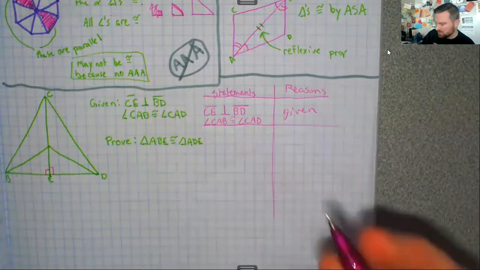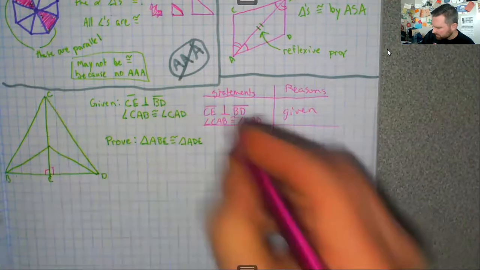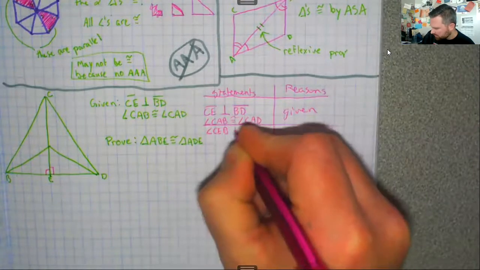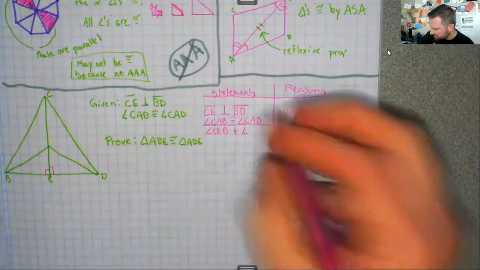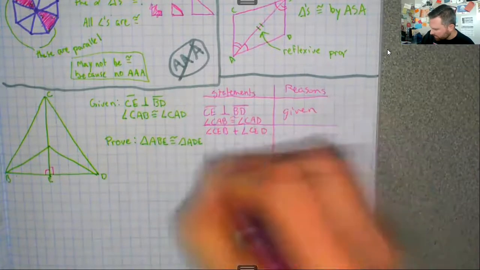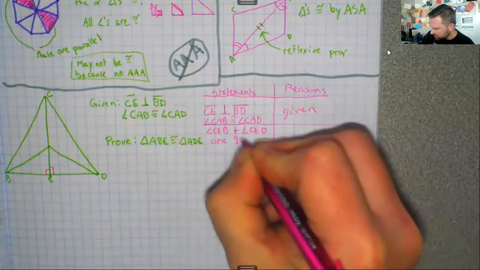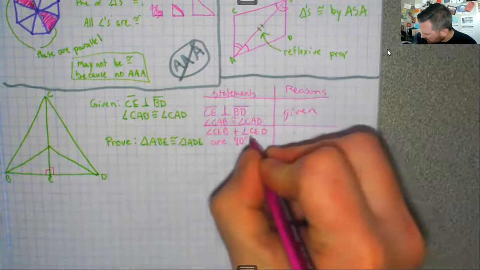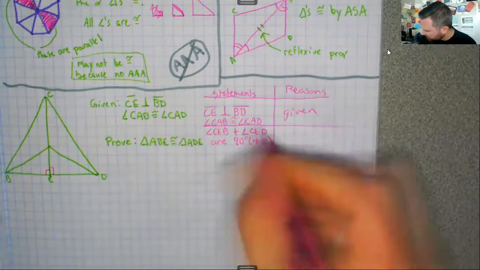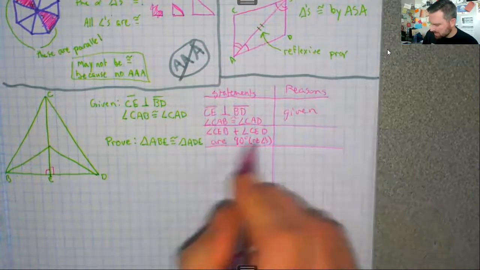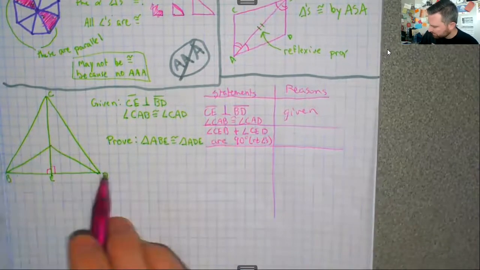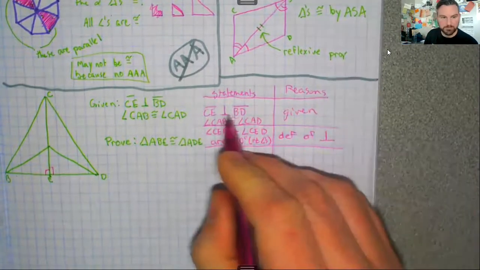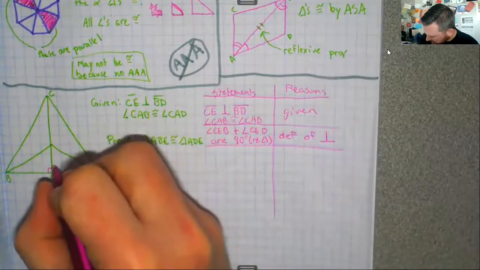So I want to say that angle CEB and angle CED are 90 degrees. You could also say that they're right angles. Doesn't matter. Right angles. We'll just put both of those. And I know that those are right angles or 90 degrees because those were perpendicular. So that was the definition of perpendicular, what we used right there. So now I've got those 90-degree angles there.